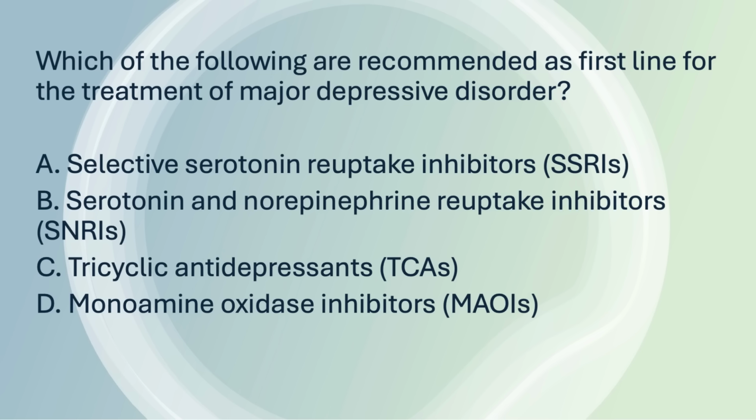We're not going to call sertraline Zoloft. We're going to use it by the name that it's known as. So SSRIs like fluoxetine or sertraline, those are first line for treatment for major depressive disorder.